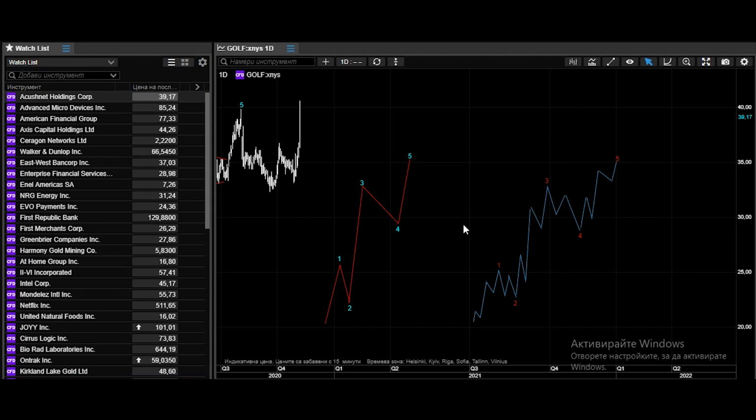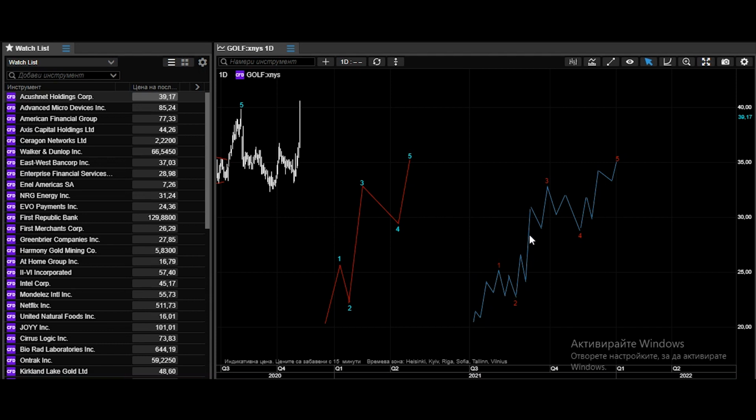For now, it's important to understand the rules for the whole movement and pay attention to some guidelines that will help us in the correct identification of impulse waves and how to detect them on the chart.